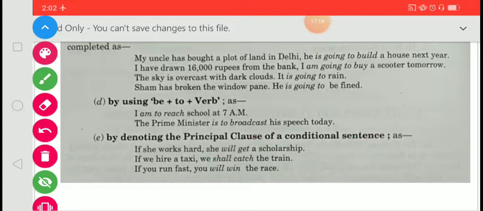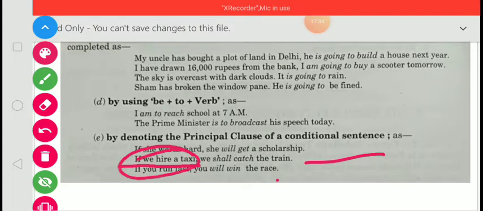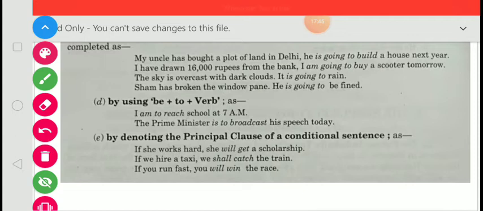If we hire a taxi, we shall catch the train. So 'if we hire a taxi' shows the first part of the action and the latter action is 'we shall catch the train'. Here both parts of the sentence refer to future time, but it's a conditional sentence, so that's why in conditional sentences we use the first part in simple present tense and the second one in simple future tense.